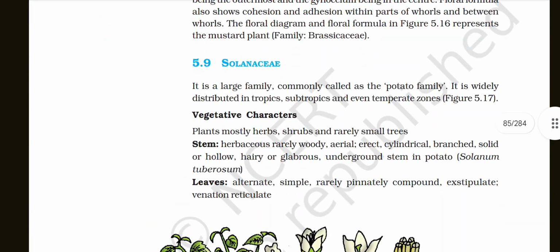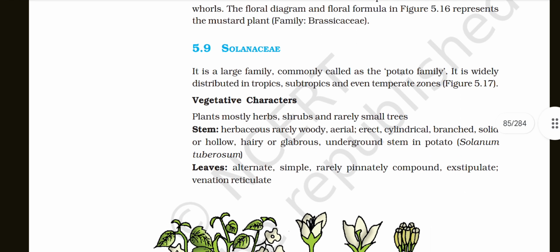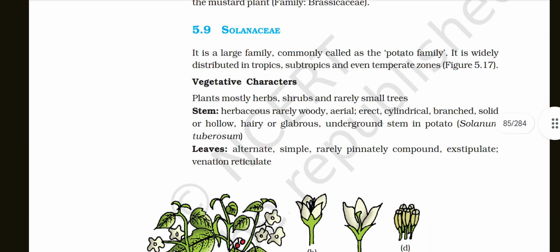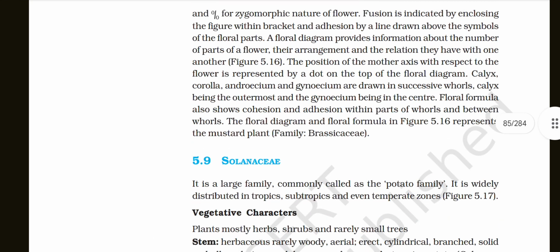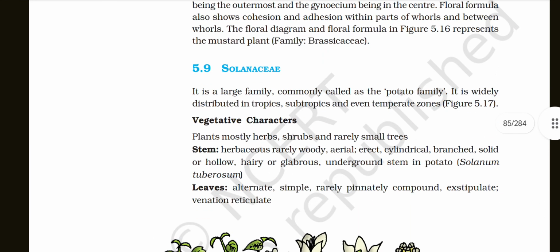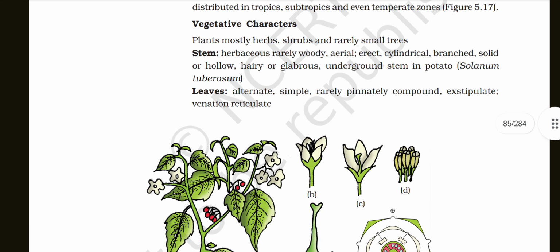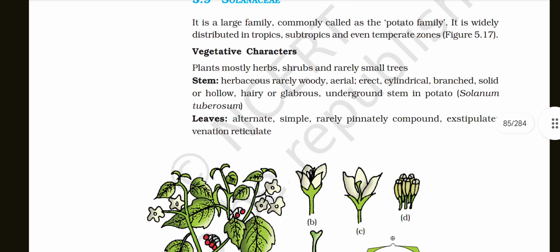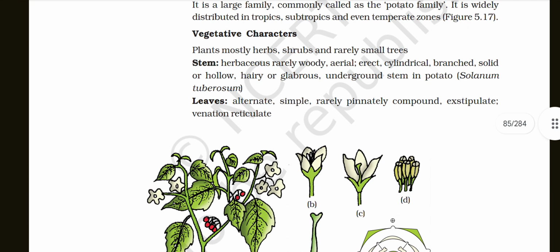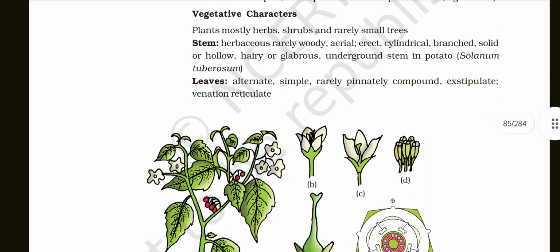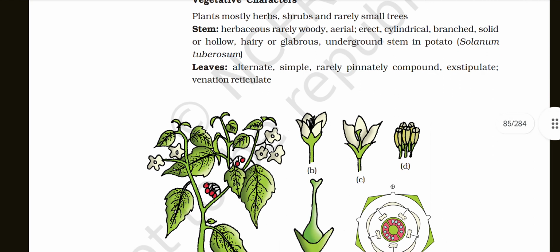Solanaceae family is a large family commonly called the potato family. It is widely distributed in tropics, subtropics, and even temperate zones. Vegetative characters: plants are mostly herbs, shrubs, and rarely small trees. Stem herbaceous, rarely woody, aerial, erect, cylindrical, branched, solid or hollow, hairy or glabrous.